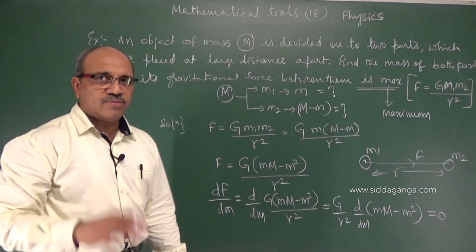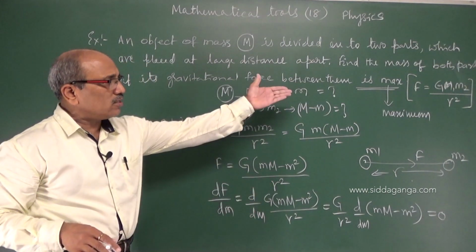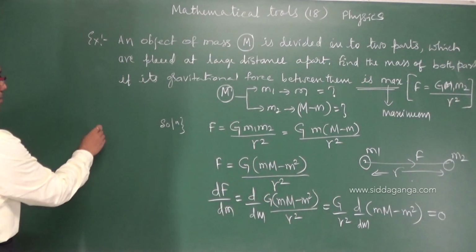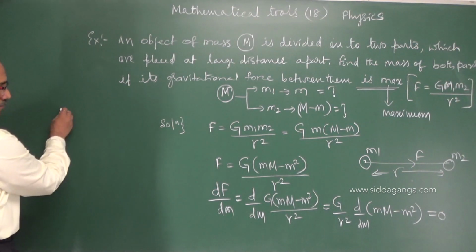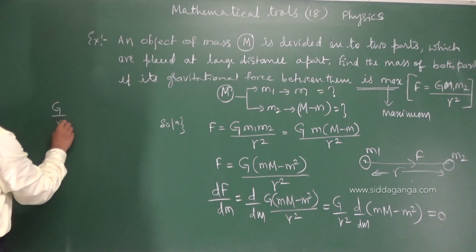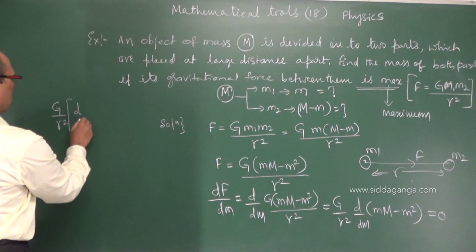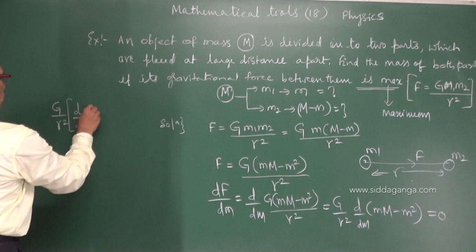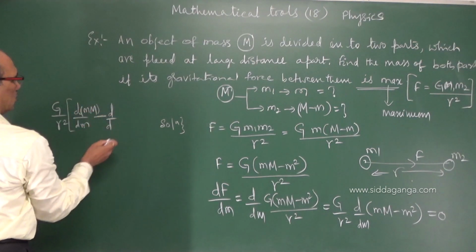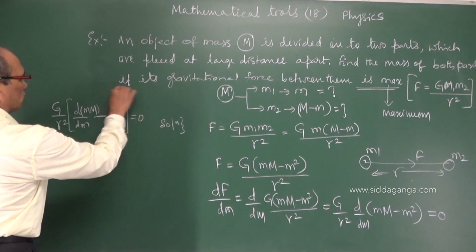Either maxima or minima, the first derivative should be 0. The second derivative is not necessary to go, they told already maxima. If you are going to see the first derivative, the value becomes G by r square into differentiation of small m with capital M minus d by dm of m square equal to 0.